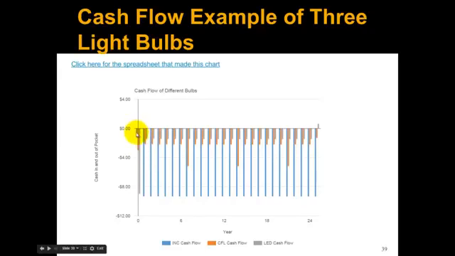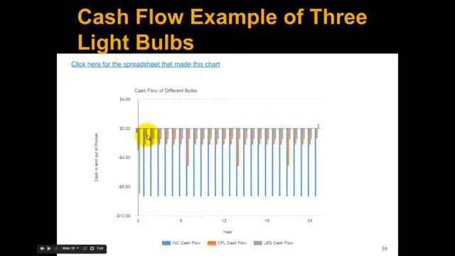The incandescent has a relatively low cost to buy, the CFL has a middle cost to buy, and the LED is really expensive to purchase. Then every other year, year 1, year 2, year 3, the incandescent is expensive to run, the CFL is less expensive, and the LED is less expensive still.